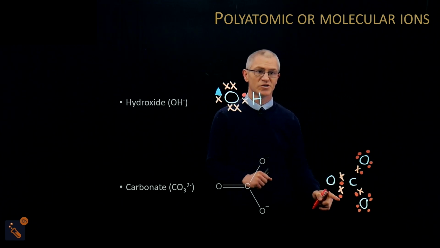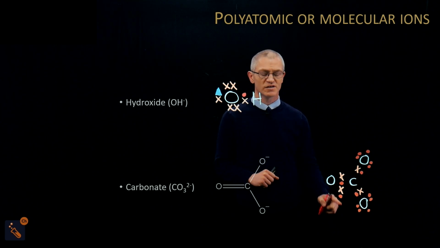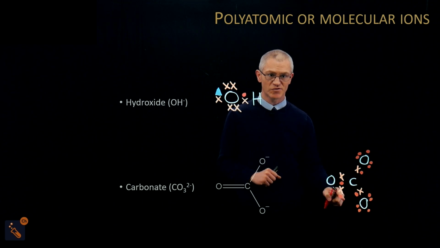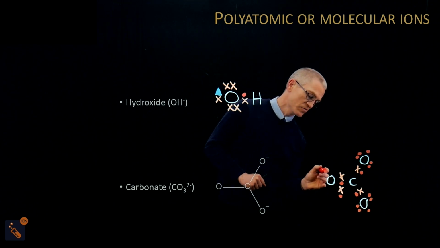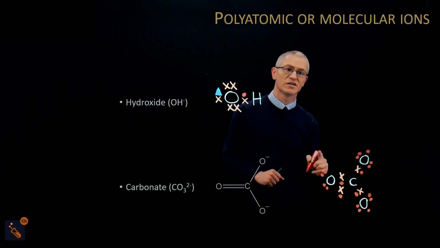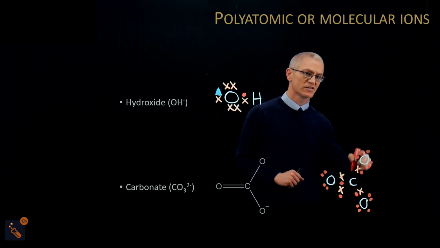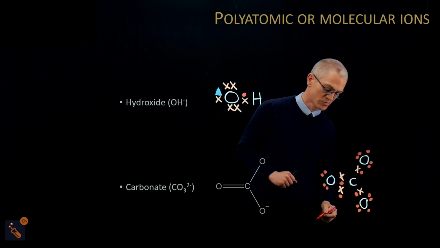Now remember, this time though, there are 2 electrons from the oxygen already there. So I need to put 6 out, but I've already got 2, so therefore I don't need to put 5 out, I need to put 4. So there you go, 1, 2, 3, 4, 5, 6. And again, 6 electrons from the oxygen there, 6 electrons from the oxygen there.